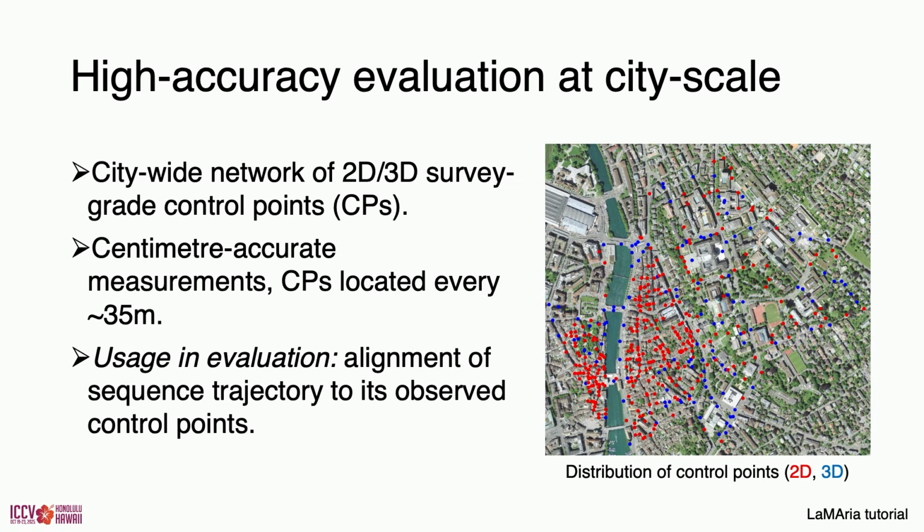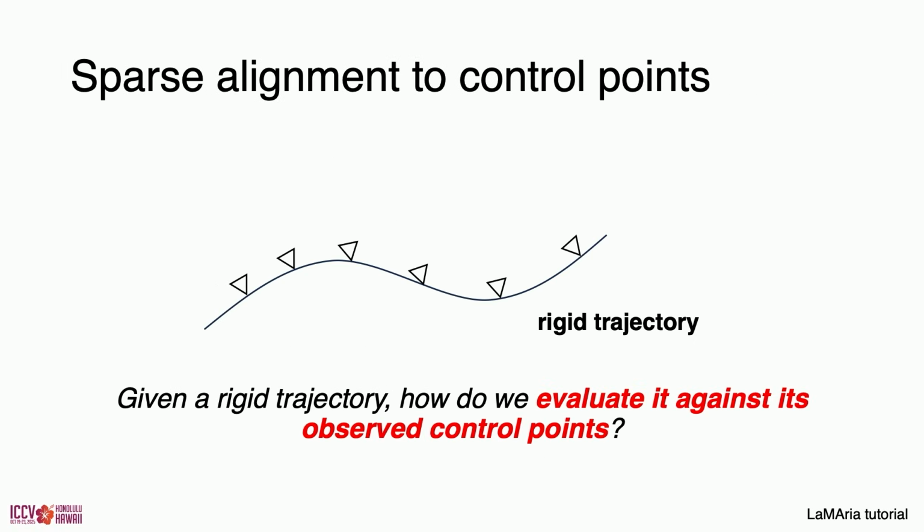To talk about this evaluation, the main question that we want to solve is, given a rigid trajectory, how can we evaluate it against its observed control points? To do so, we have sequences which observe n control points throughout their trajectory.